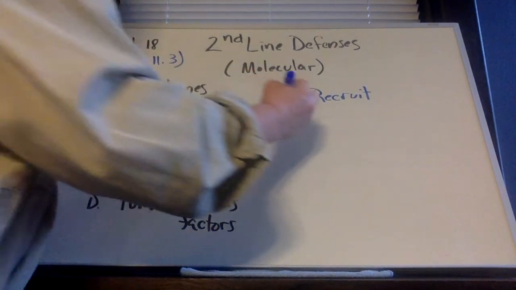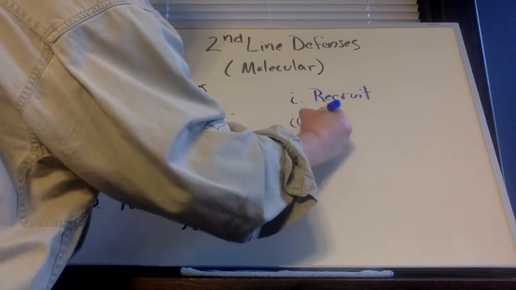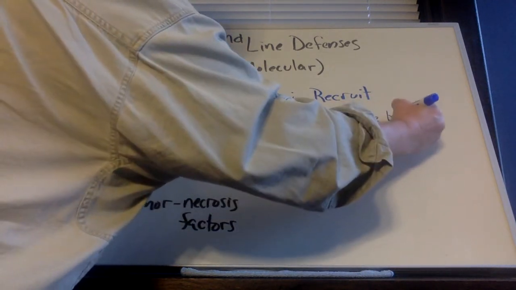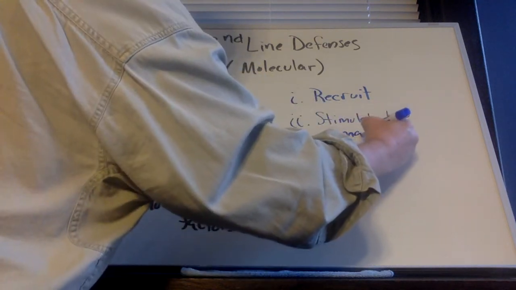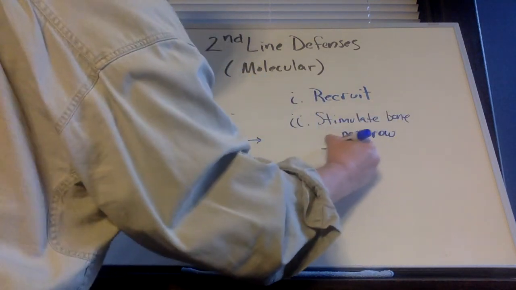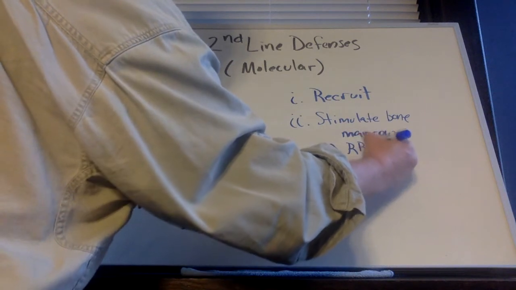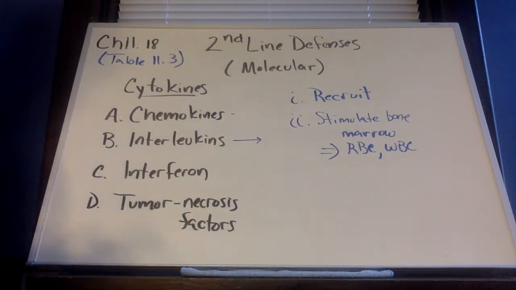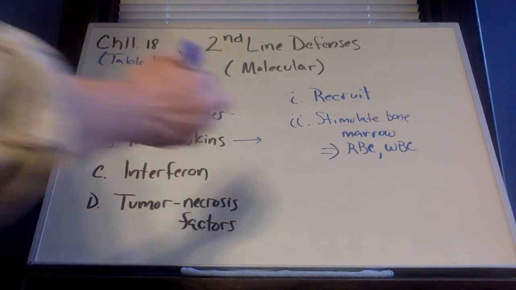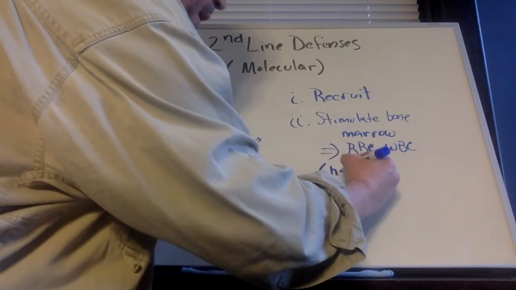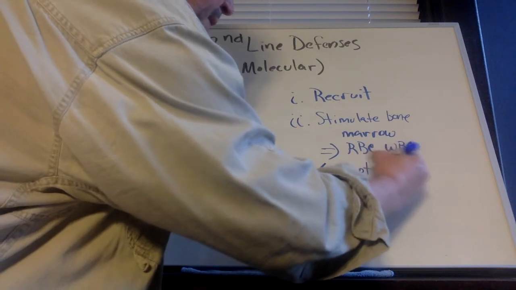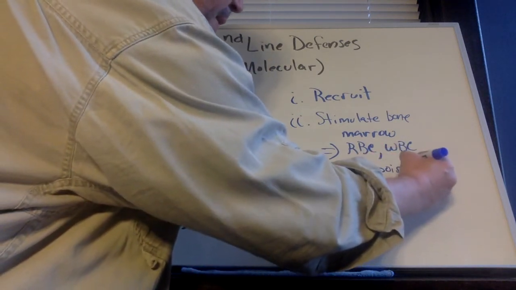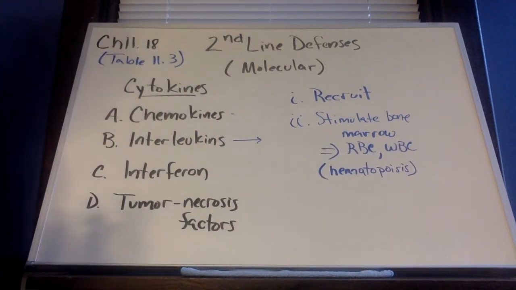They will also stimulate the bone marrow in order to create both red blood cells and more white blood cells. The term for that process is called hematopoiesis. Hematopoiesis. See, you can sound it out real easily.